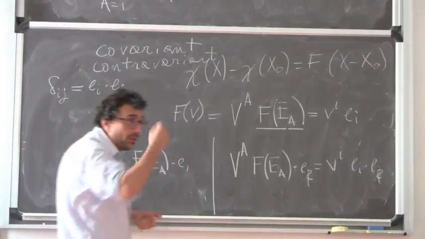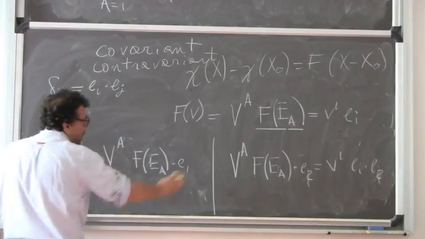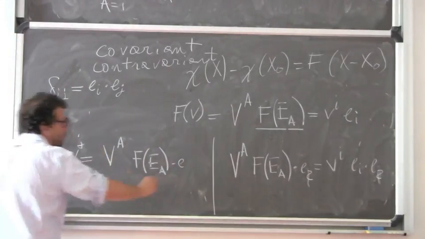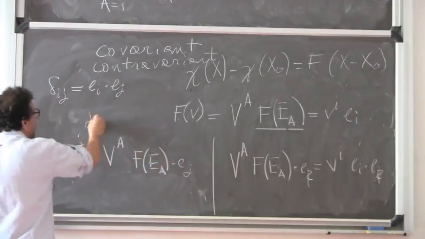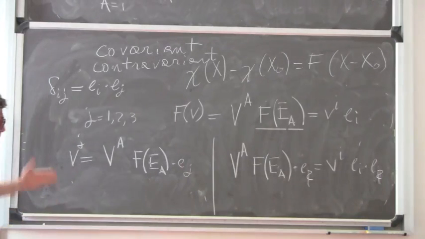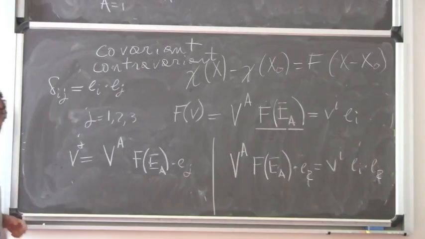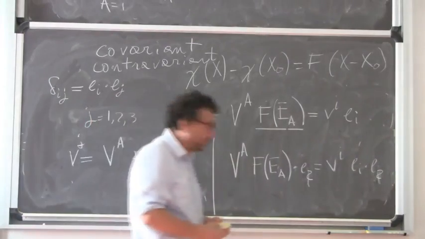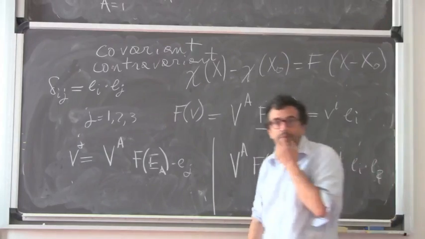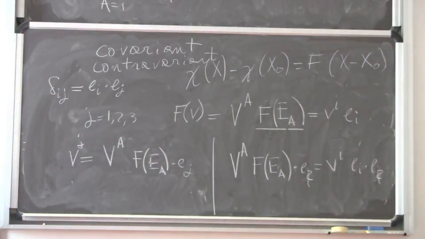Now, think how clever it is instead to say, take J spanning 1, 2, 3, and you have written all formulas. So this is the powerful tool we have now in our hands.